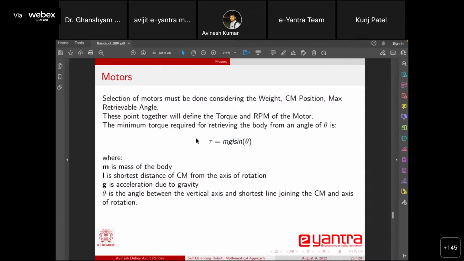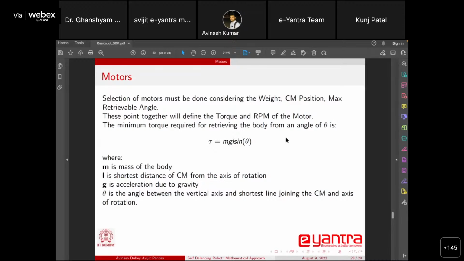That torque can be found using this equation, where m is mass, g is acceleration due to gravity, L is the distance of the center of mass, and theta is the angle. As simple as that.